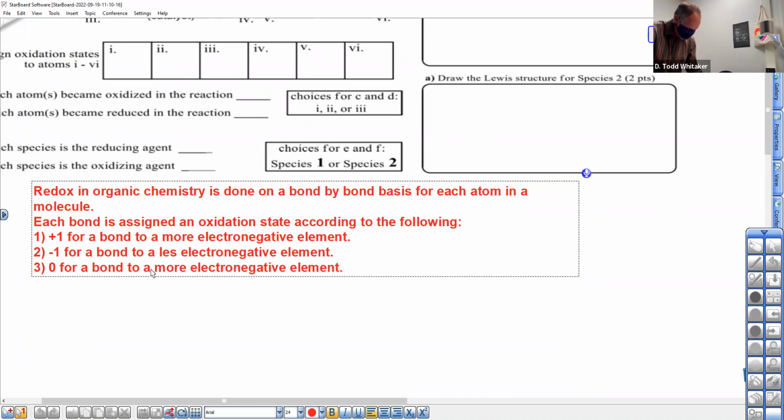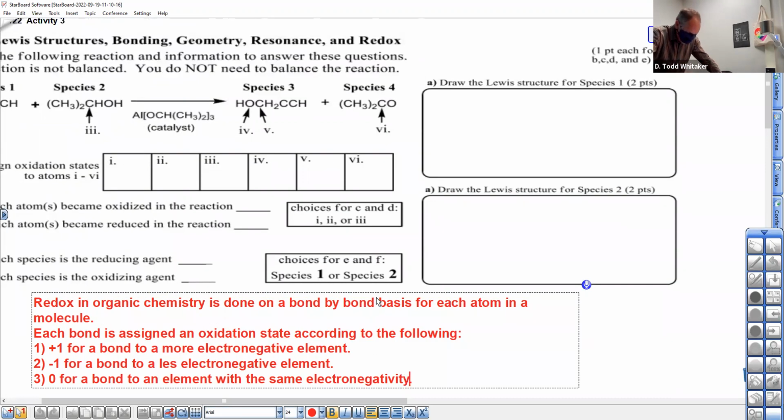For a bond to an element with the same electronegativity would be the proper English, right? An element with the same electronegativity.